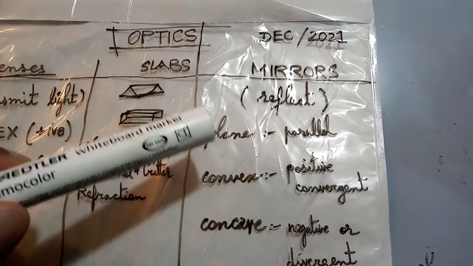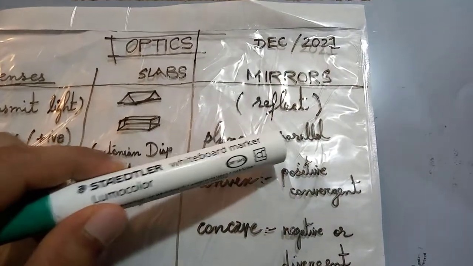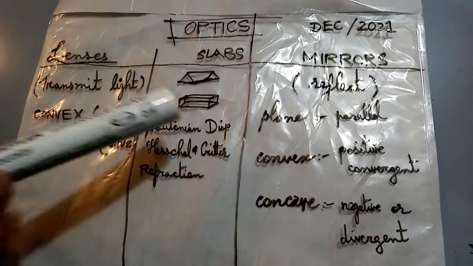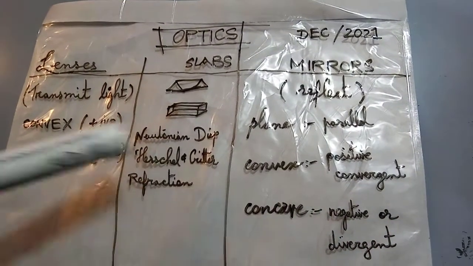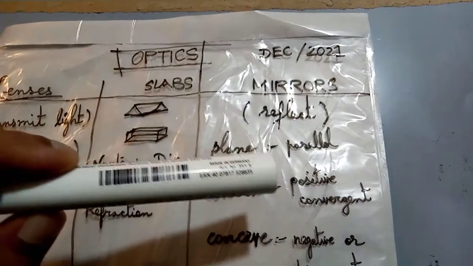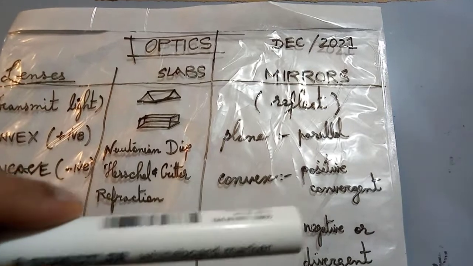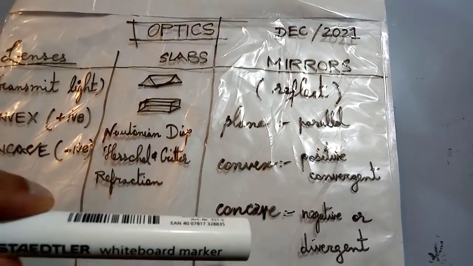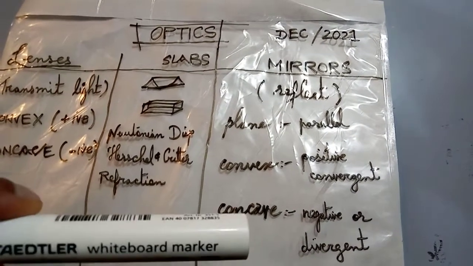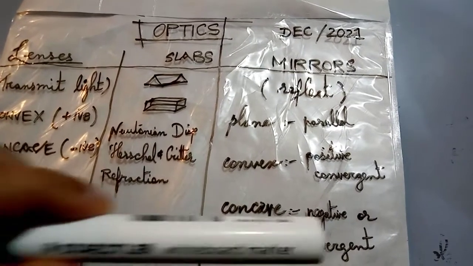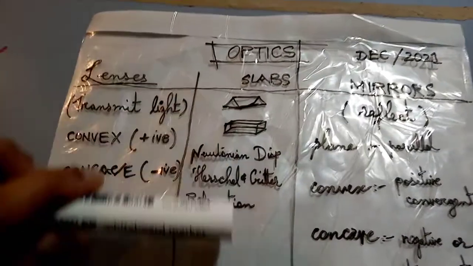Mirrors can either be plane, i.e. parallel formation, or convex, like a convex lens, or concave, like a concave lens. The mirrors that are convex shaped are positive and convergent, and the mirrors that are concave in their formation or topography are negative and divergent, i.e. they scatter light.